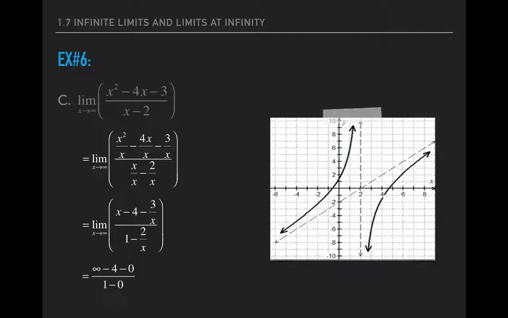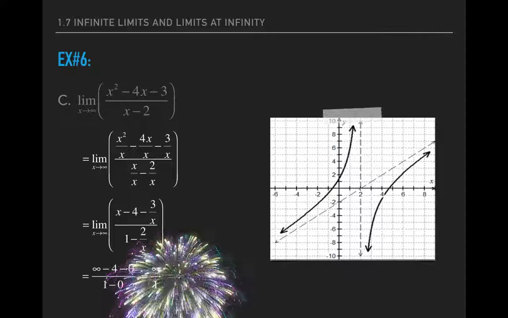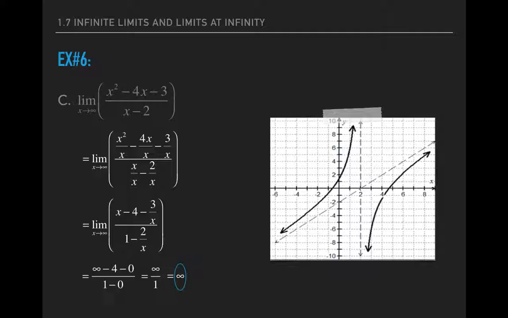When you plug that in, you'll have infinity minus 4 minus 0 over 1 minus 0. That's really like infinity over 1, and infinity over 1 is infinity.